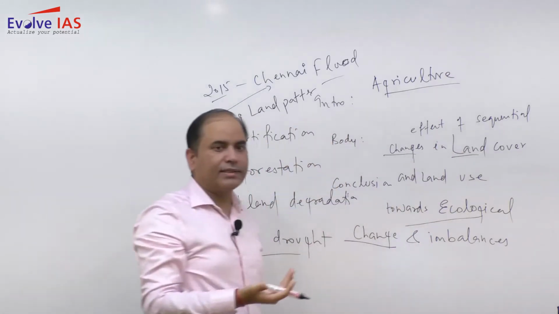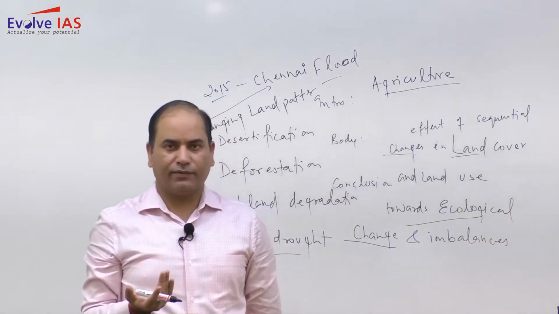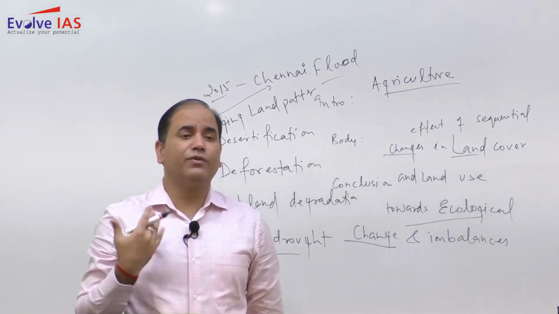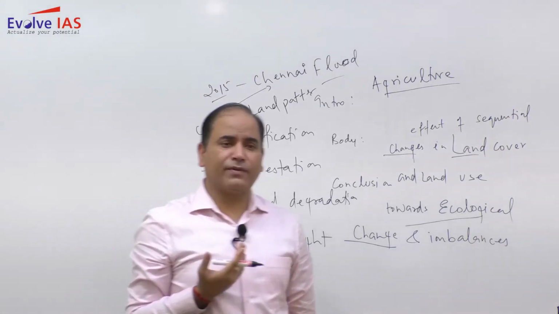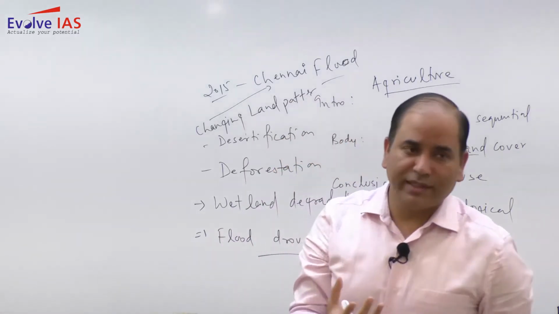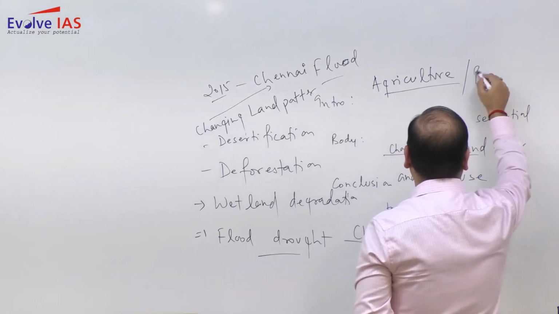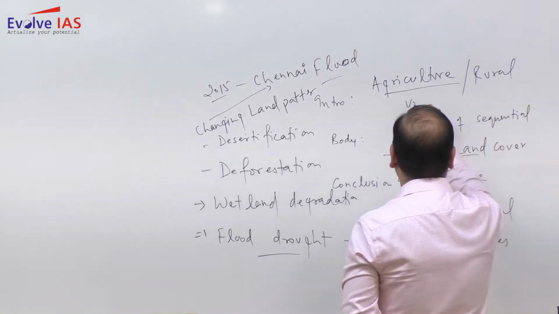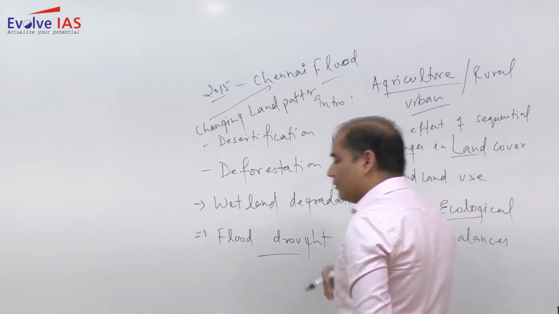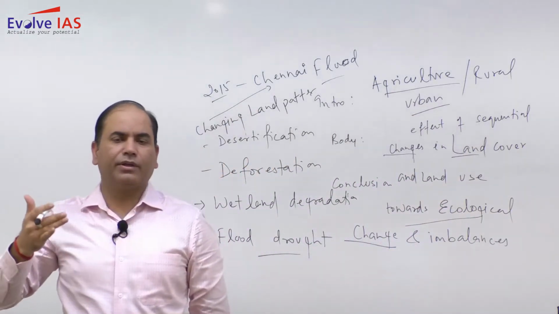For agriculture, some of the forest needs to be cleared, so deforestation is not a new phenomenon. It has been happening from the beginning of human civilization. Not only agriculture, but even settlements, be it rural or urban, require land, and that continues in the present time.